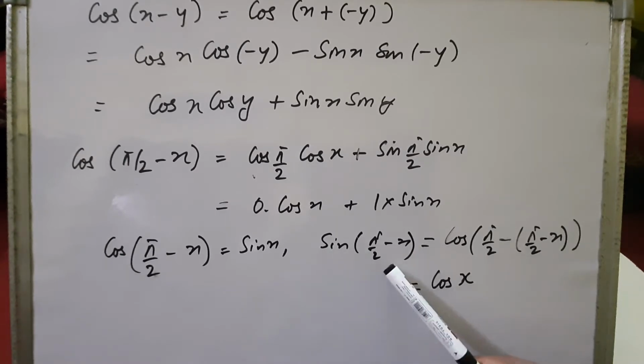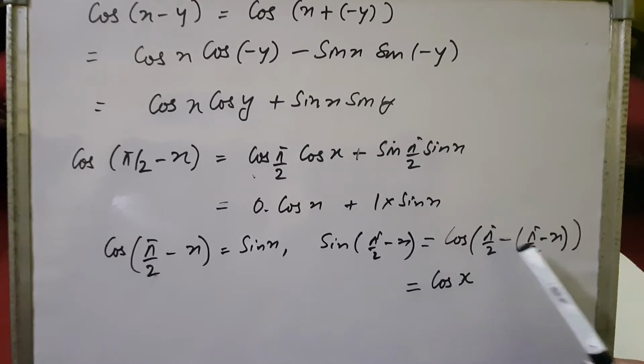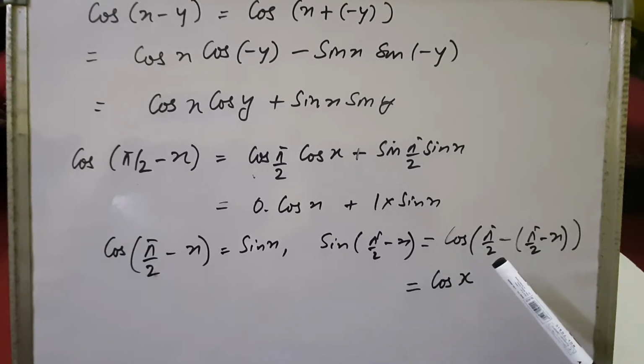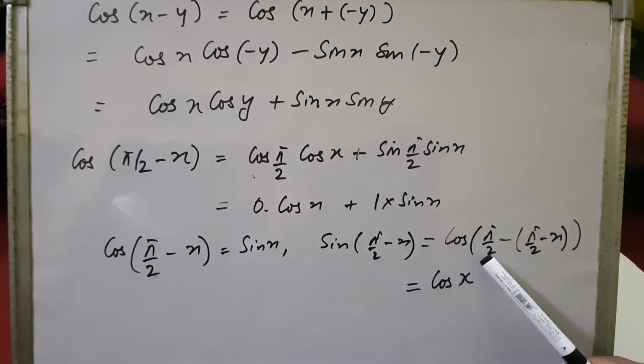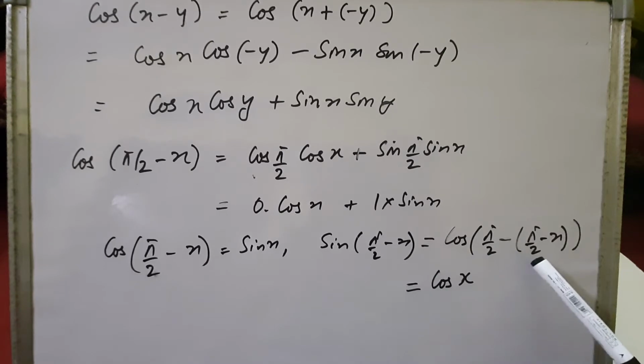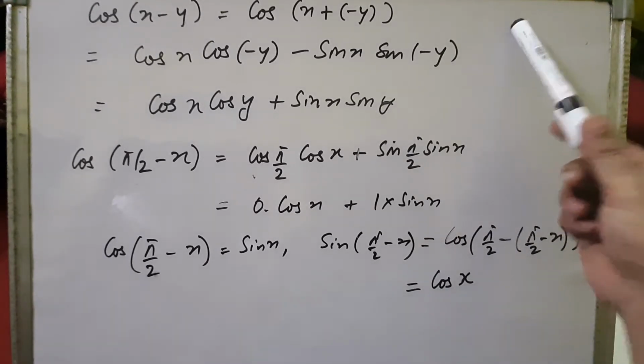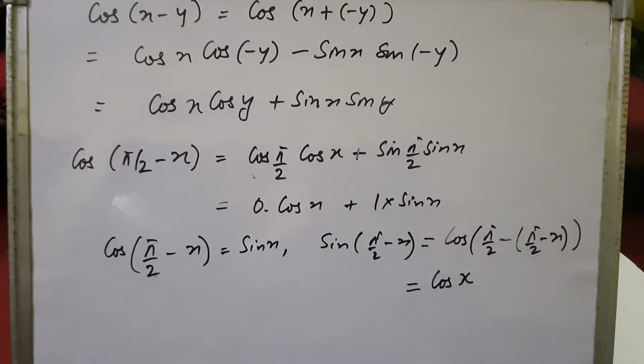So sin x, considering this whole term as x, can be written as cos 90 minus x. Right? Understood, children? So when we apply, considering pi by 2 as x and 90 minus x as y, in this formula cos x minus y, we'll get the result cos x. Right, children? Try to solve.